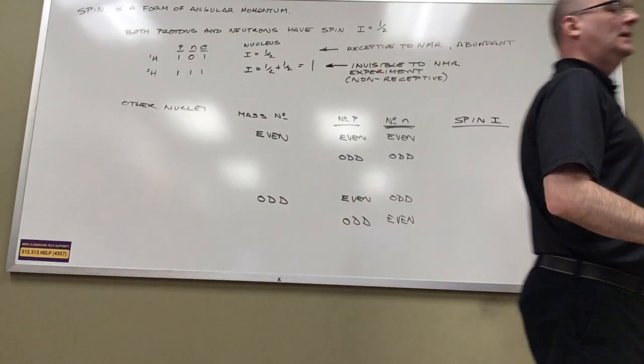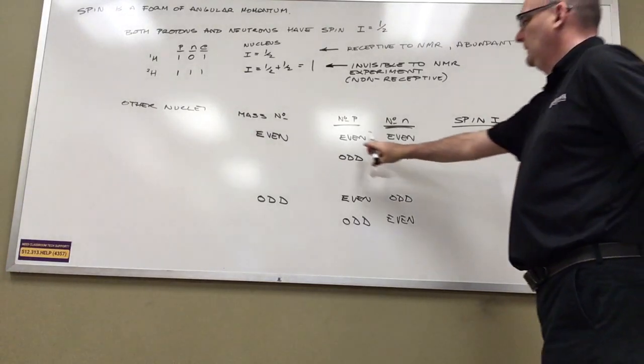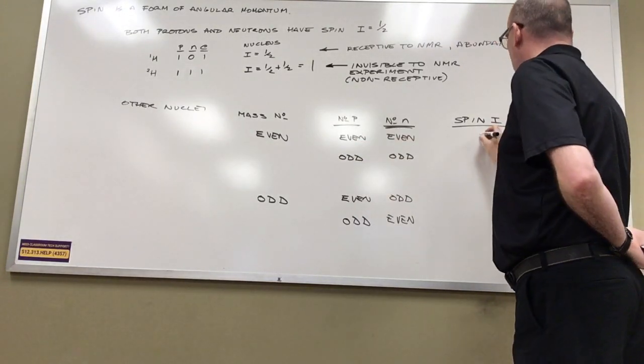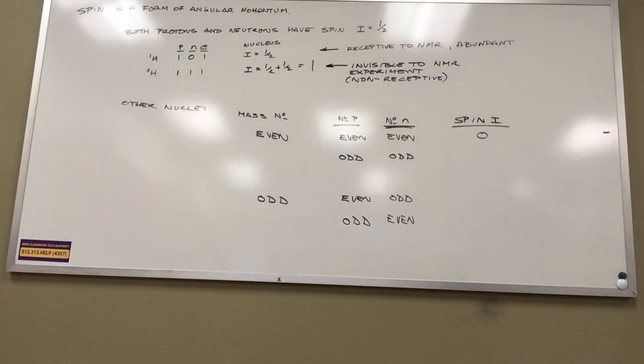The outcome is reflected in what the value of the spin I is. In cases where these numbers are even, those are no spin nuclei.